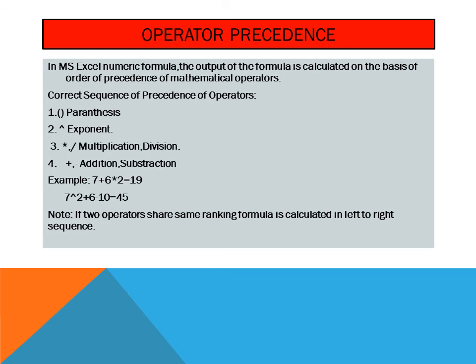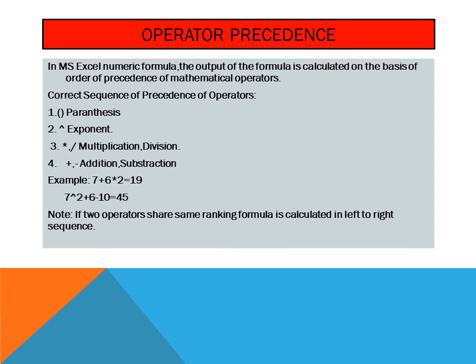So as discussed above, you can see, my dear children, that the exponent shares an important position and it is considered to be first in comparison to addition and subtraction, while solving any formula in MS Excel. So I'm going to solve 7 raised to 2 first. 7 raised to 2 is what? 7 into 7, that is 49. 49 plus 6 minus 10.